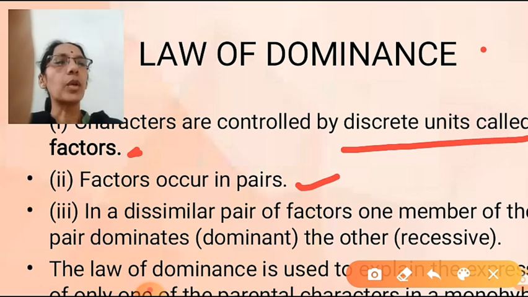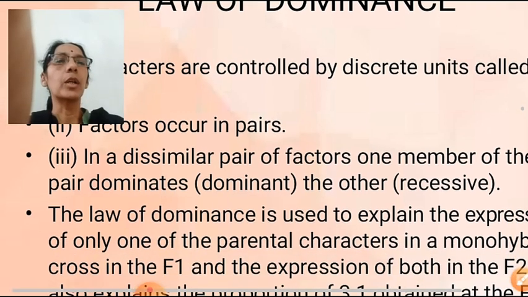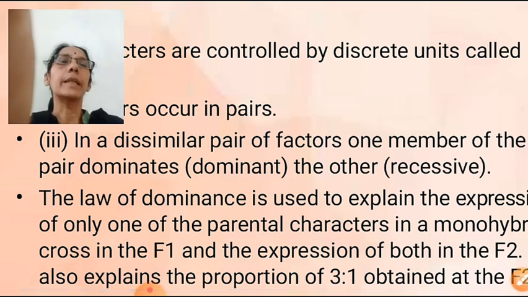This is what is called the law of dominance. So the law of dominance states characters are controlled by a discrete unit called a factor. Factors always occur in a pair. In a dissimilar pair, the dominant one expresses itself by suppressing the recessive one.